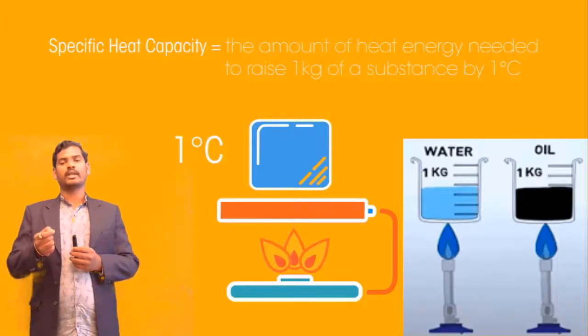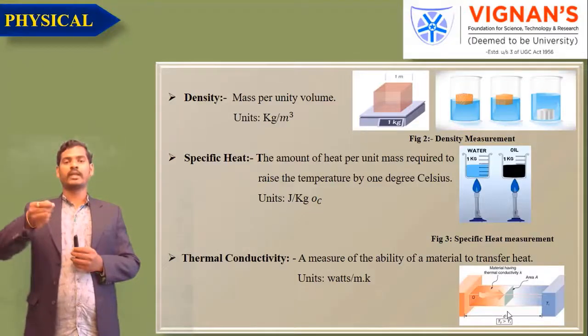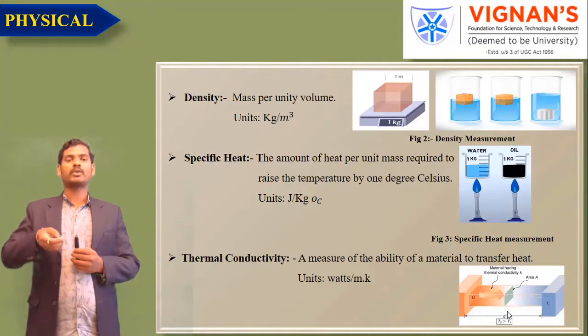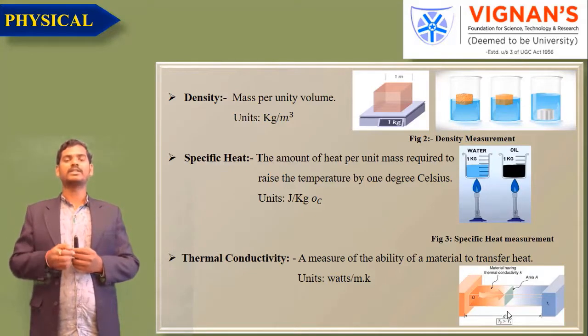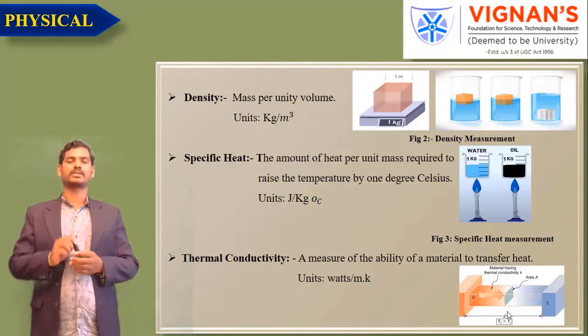For raising the temperature of this oil and water, we have to provide some heat. For increasing the temperature of the water by 1 degree, how much energy will it take? That energy is nothing but specific heat. The amount of energy required to increase the temperature of the substance by 1 degree.